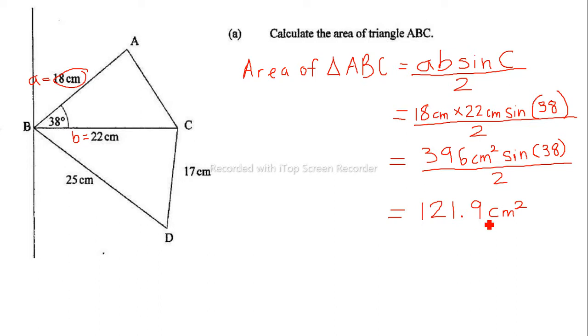All right, so it's 121.9 centimeters squared. That's the area of this triangle ABC.